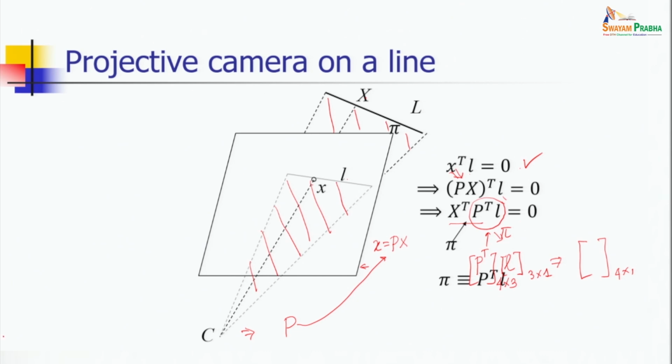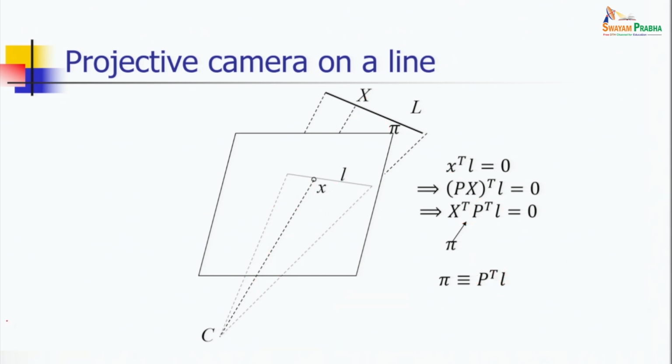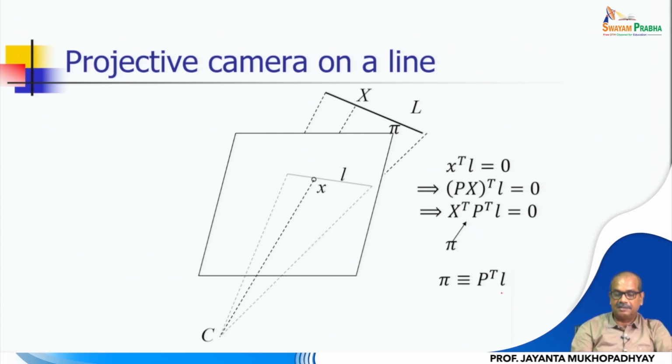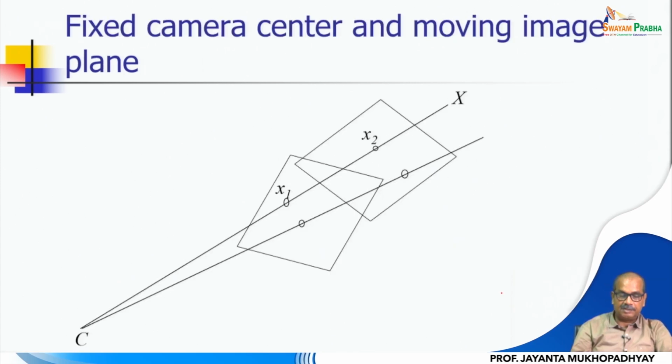So the equation of the plane is given by pi equals P transpose l.